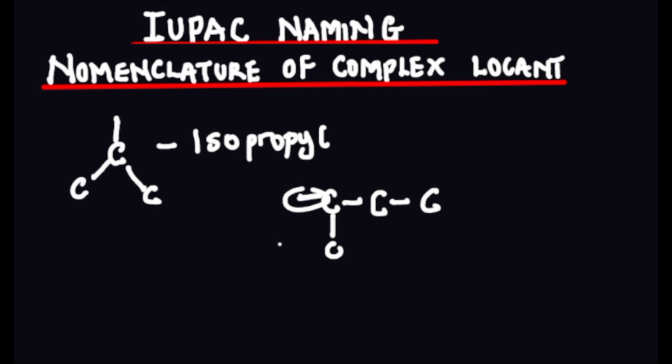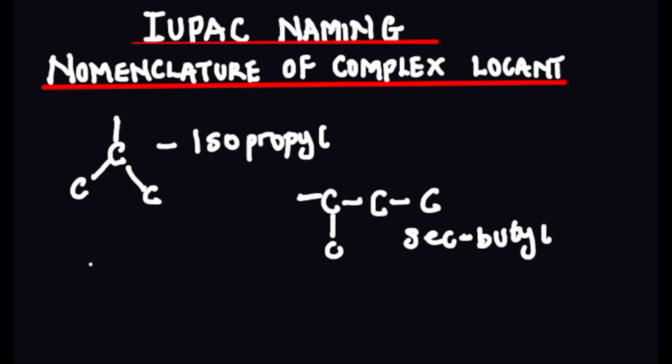Since this bond is on carbon number 2, if I start counting from this 1, 2, we call it secondary, or sec-butyl. You understand? That's basically the name. So whenever you have something like this, it's sec-butyl, and whenever you have something like this, it's isopropyl.